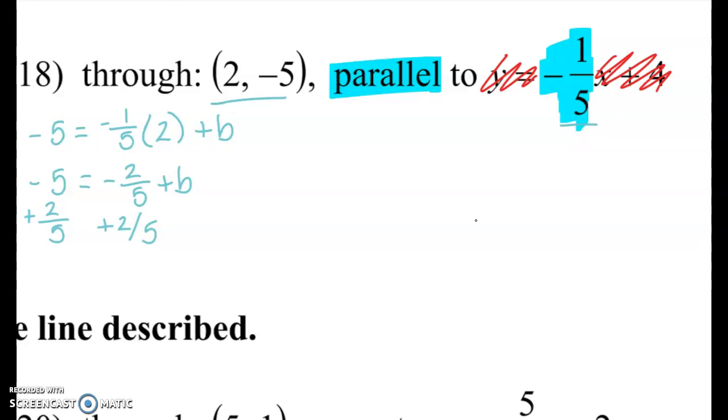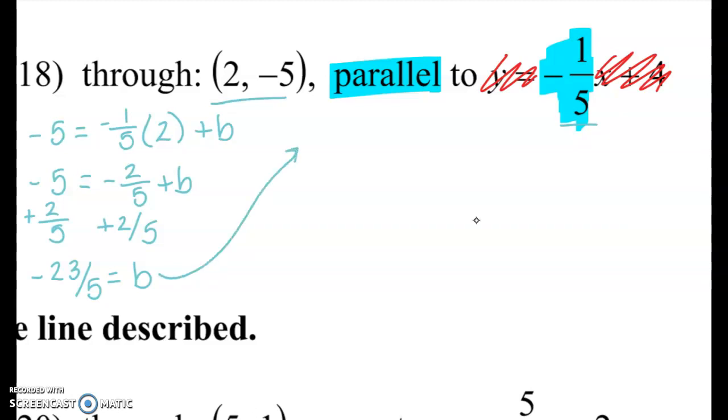So negative 25/5 plus 2/5 is going to give us negative 23/5, and that is equal to b. Let me just make sure I'm not going crazy by checking that on my calculator right now. And that looks good.